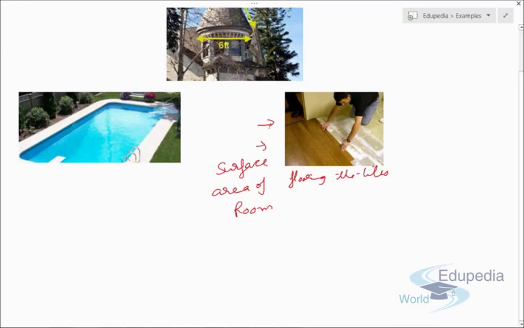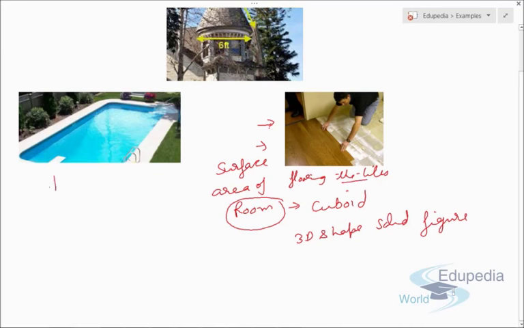A room is in the shape of a cuboid, which is a 3D shape, or we can say a solid figure. If this man has knowledge of how to find the surface area of a room, then he can easily know how much area of tiles is needed.